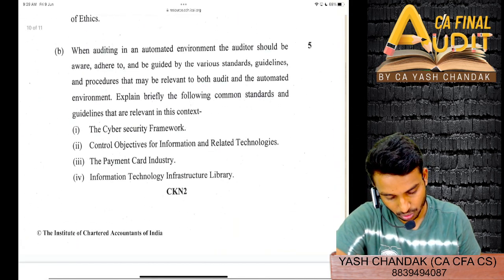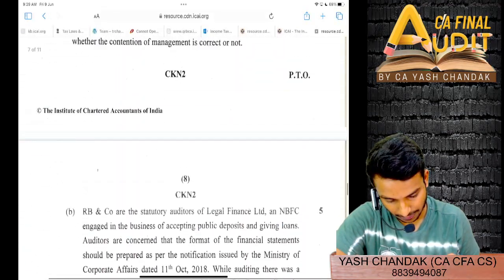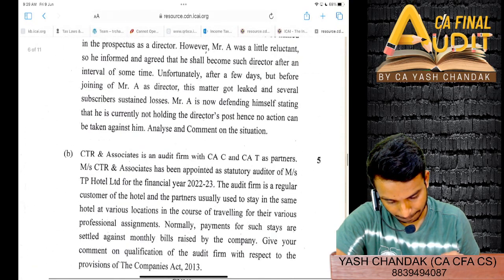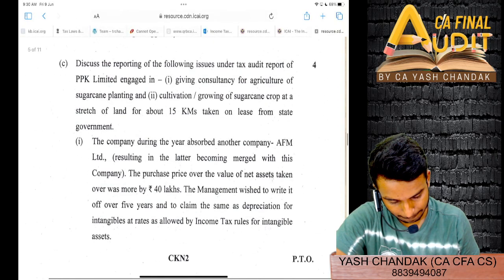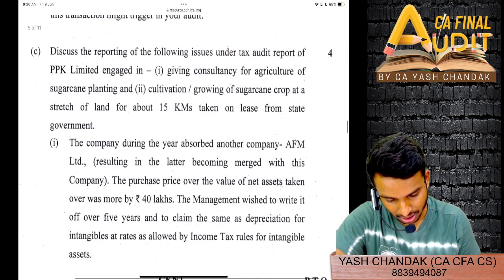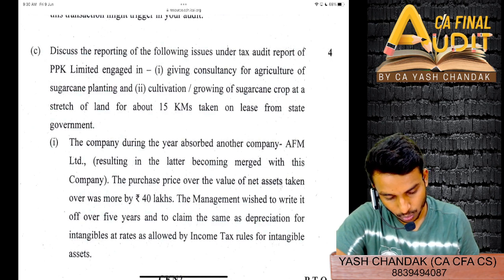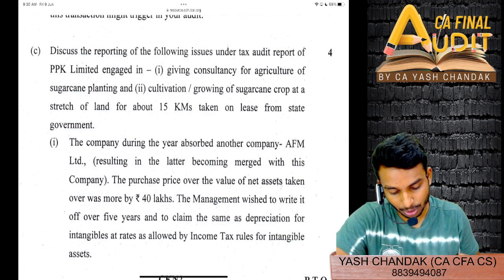And there was one more question on tax audit. See this. They were engaged in giving consultancy for agriculture of sugarcane planting and cultivation, growing sugarcane crop at a stretch of land of about 15 kilometers taken on lease from the state government.